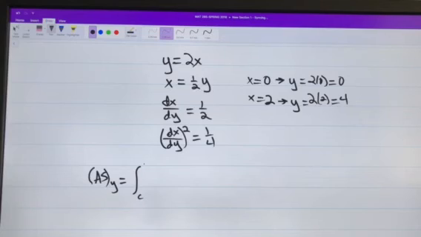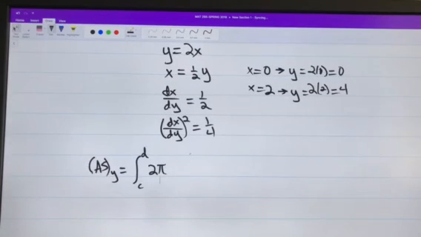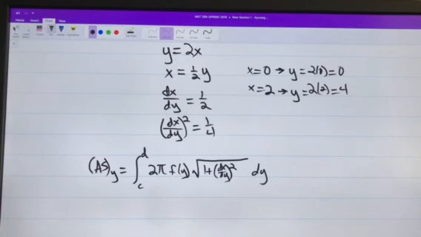I'm going from y is equal to c to y is equal to d. And again, we have 2 pi times f of y, times the square root of 1 plus dx over dy quantity squared, dy.